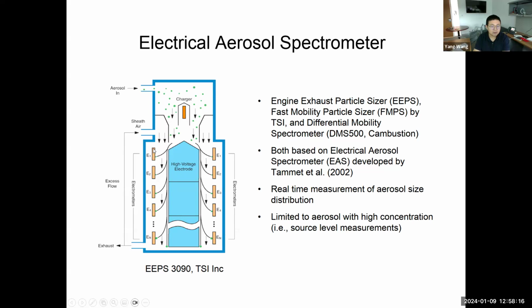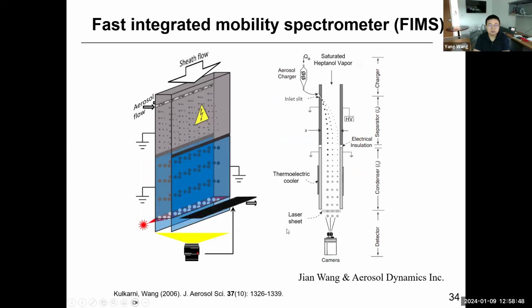But electrometers are normally limited by counting statistics, because the most precise electrometer can achieve a resolution of 0.1 femtoamp, right? That still corresponds to hundreds of particles per cubic centimeter. So you still have to accumulate enough signal to get the accurate size distribution. So they are mostly limited to applications with high concentrations. So we need to design instruments that are sensitive to low concentration aerosols.